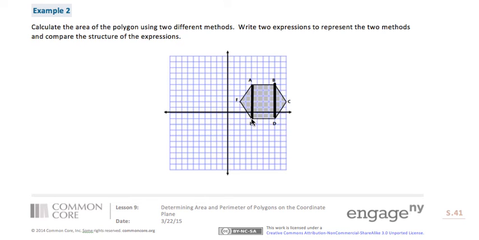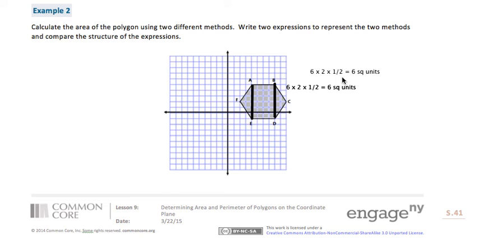So our base is 6 and our height 1, 2. 6 times 2. And by the way, over here I see the same thing. So we have two triangles that are 6 by 2. And I multiplied by 1/2, which is the same as dividing by 2.